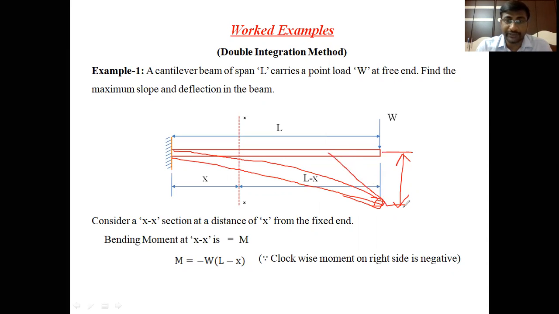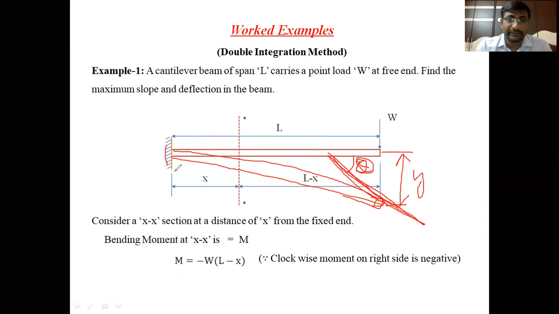If we draw the tangent to this curve after bending, the tangent makes an angle with the initial position, which is called the slope, theta or dy by dx. This is the deflection y. These are the maximum values at the free end, and these same values are 0 at the fixed end, because there is no deflection of the beam at the fixed end. Even after the load is applied, the deflection at the fixed end is 0, because it is fixed.